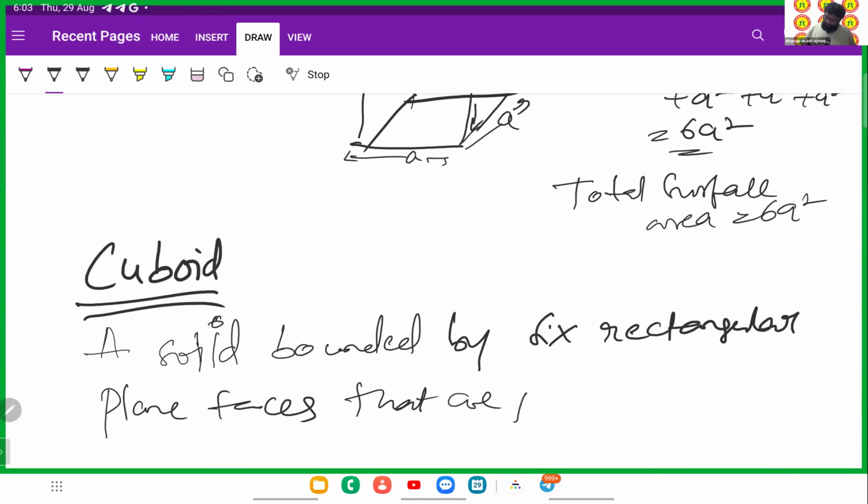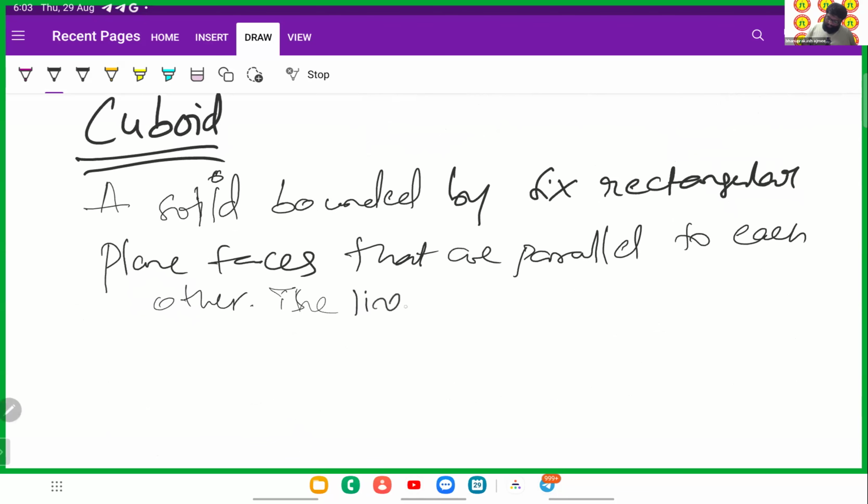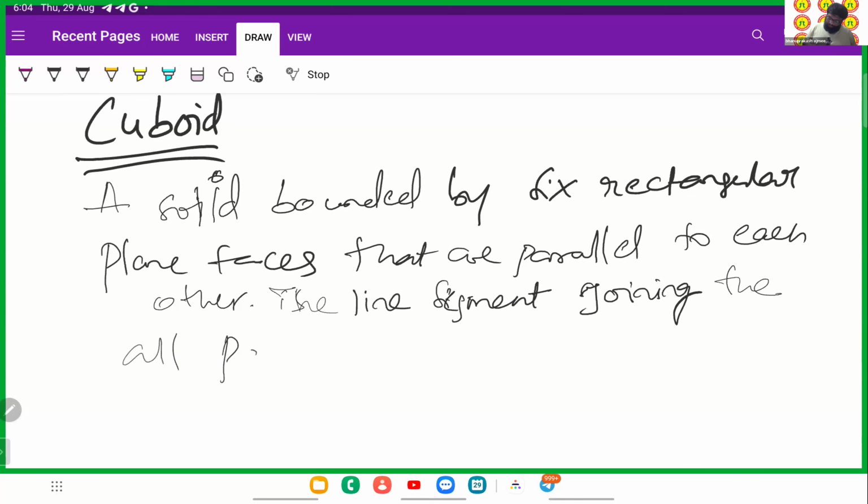Two rectangular faces that are parallel to each other, and the line segments joining these parallel faces form a cuboid.